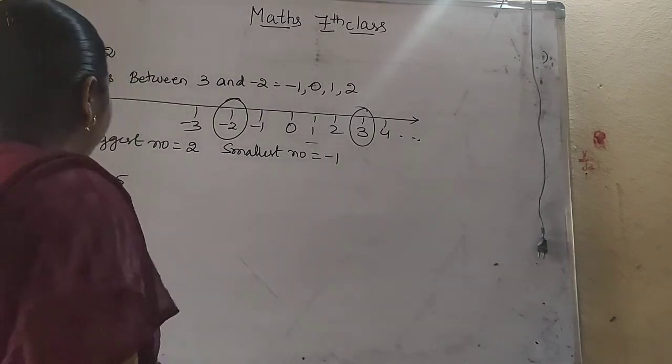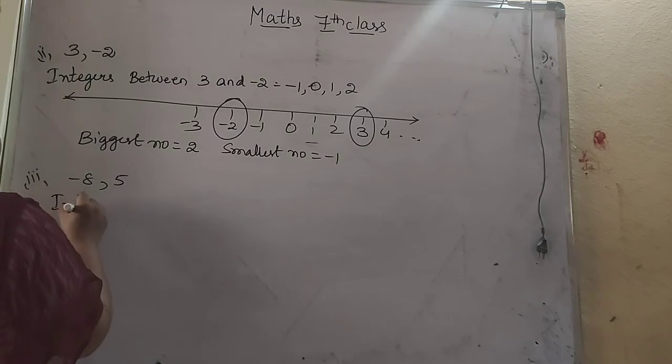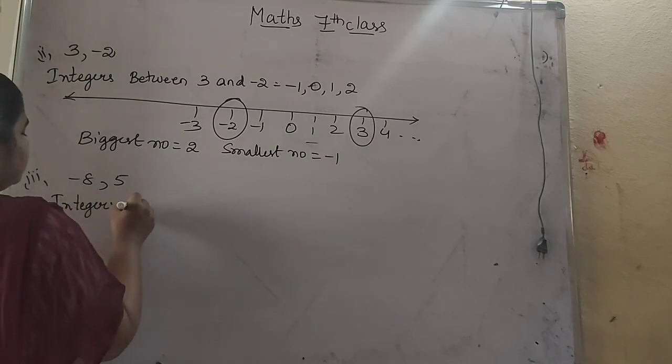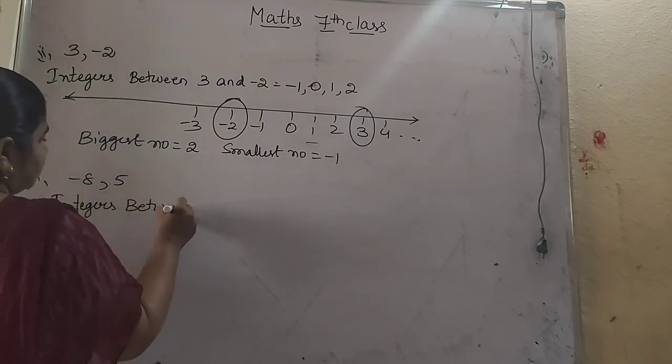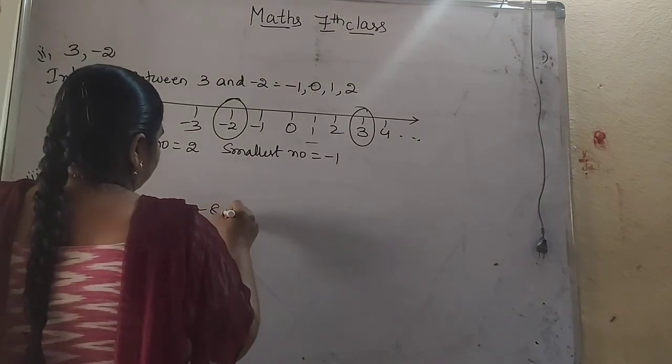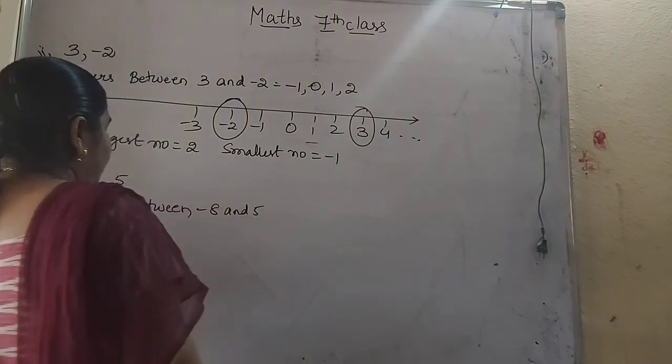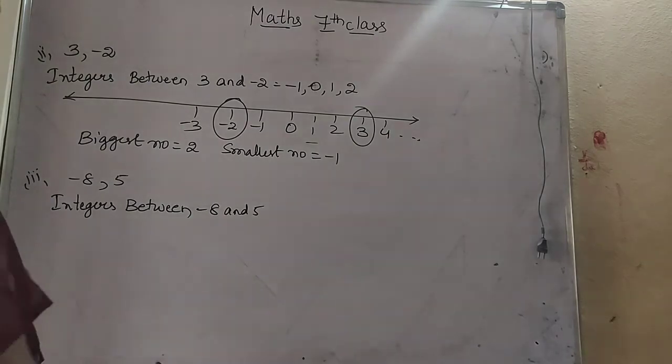Minus 8 comma 5. So we will see the integers between them. Integers between minus 8 and 5. Draw a number line.